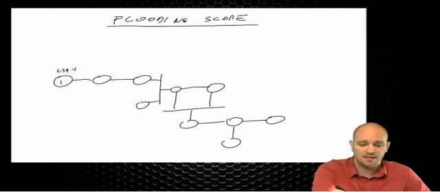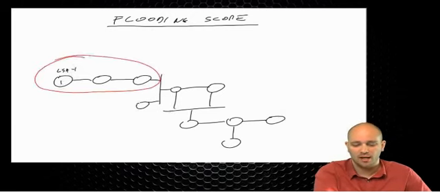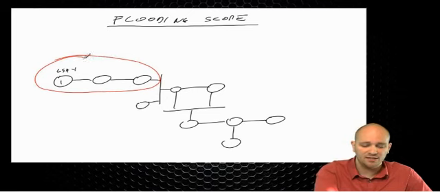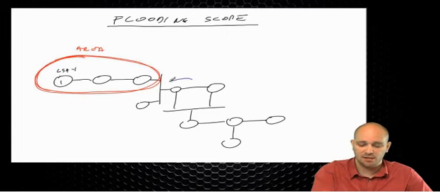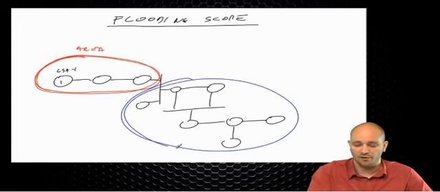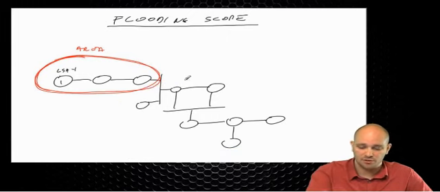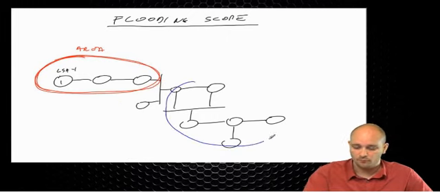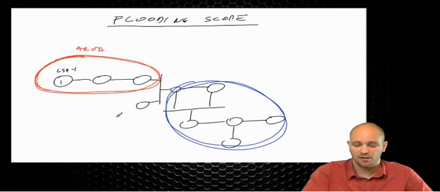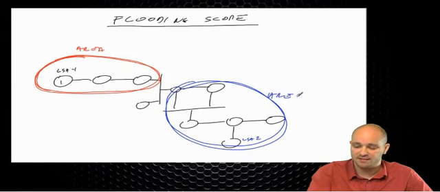Now that depends on how many areas we have. If this was one area, for example, the flooding scope of this LSA would be this, so this would be one area. But let's say that this here is another area. Now, LSA generated by this router here will have this as the flooding scope.